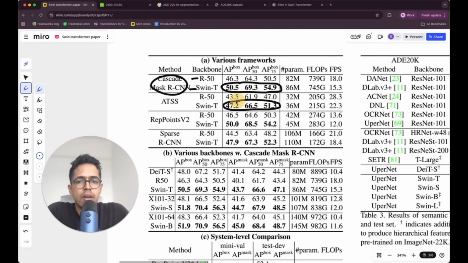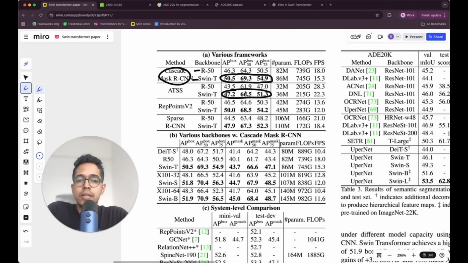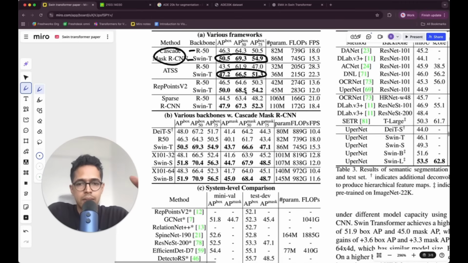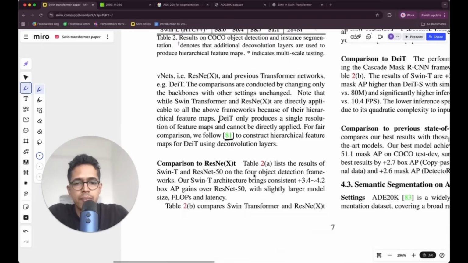So you construct precision-recall values and then you take an average of precision over different recall values. Let's not go into the details of object detection because that we have done in various other bootcamps on our channel, but just understand that Swin is universally good at various image tasks, including classification, detection, and segmentation.